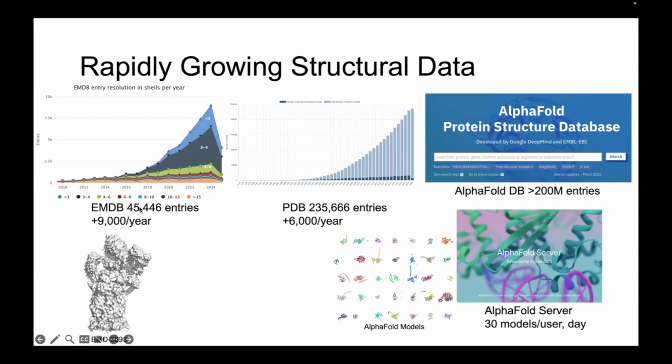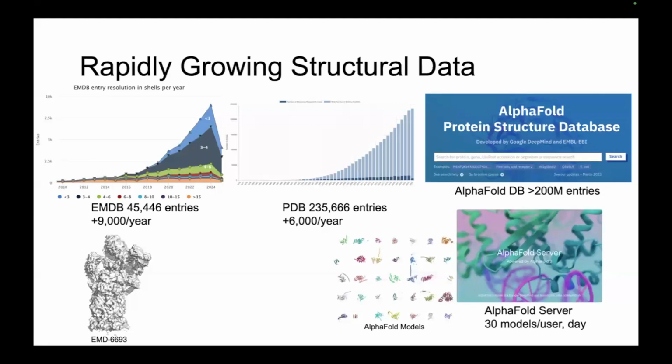In total, the EMDB, the EM map data bank, has over 45,000 entries. The PDB, the Protein Data Bank, already has over 200,000 entries, and every year over 6,000 atomic structure models are deposited.